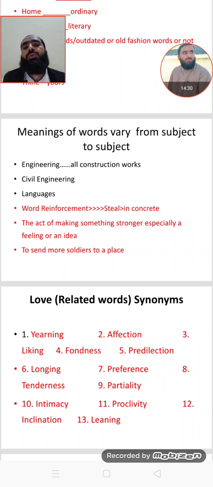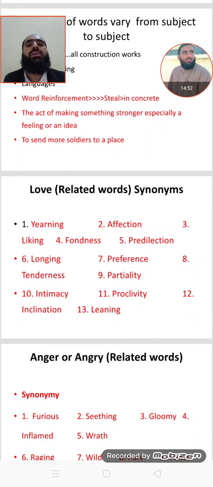So remember, students, there is a clear-cut difference between the meanings of the same word. In engineering it means steel used in concrete. In social sciences it means the act of making something stronger, especially a feeling or idea. So word meanings vary from subject to subject, from discipline to discipline.